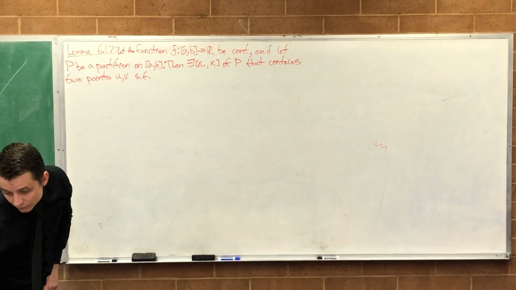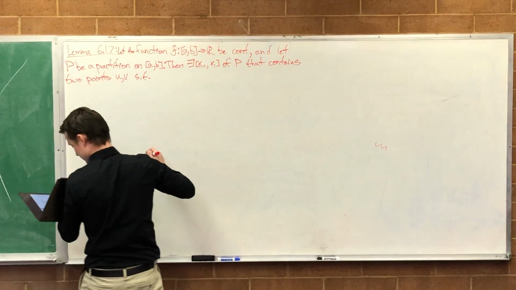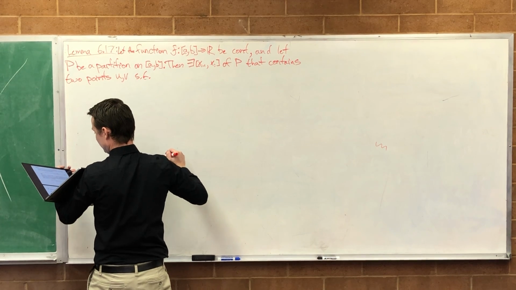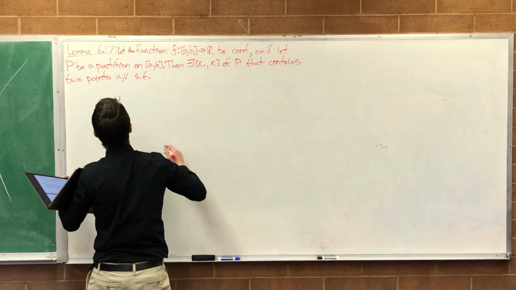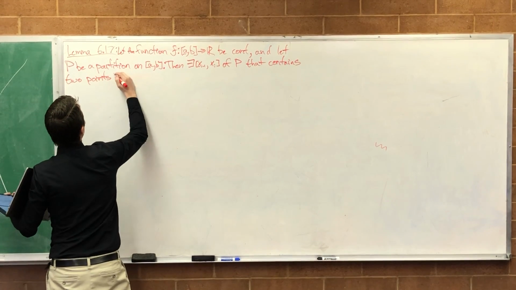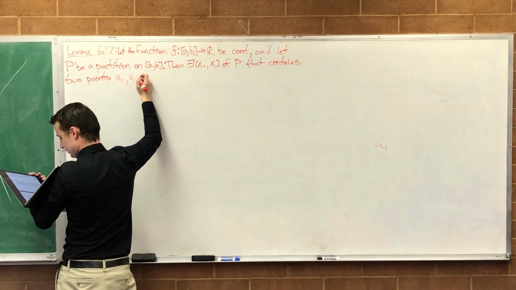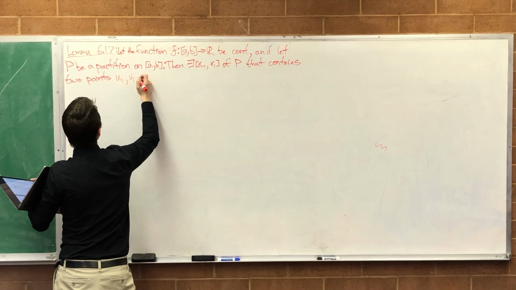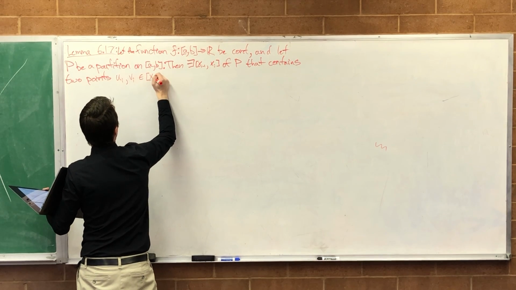Okay, and then it's a lot of math notation. Probably easier to just write this out. 2 points in the interval, u sub i, comma, v sub i. Okay.